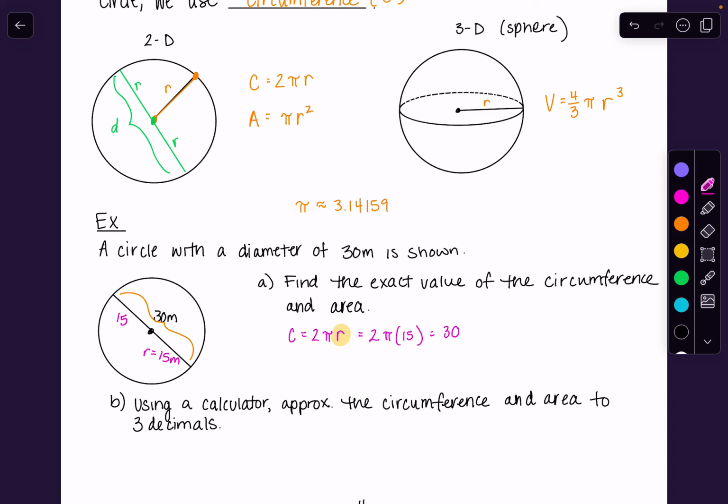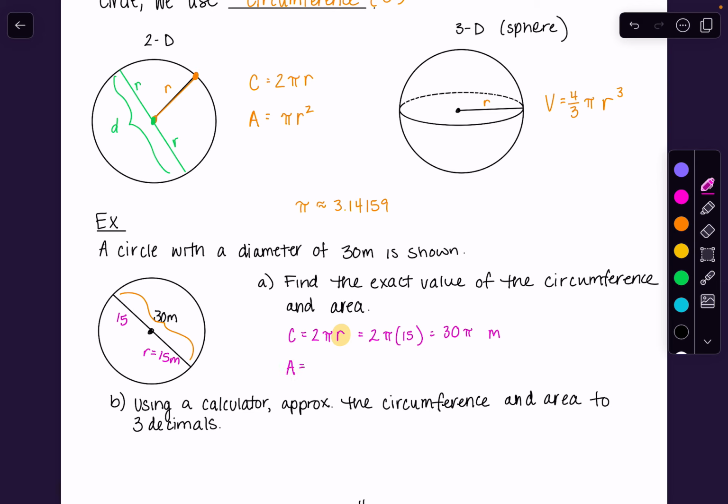The circumference exactly is 30 pi. Okay? You leave pi as is because you want the exact value. Pi you can do a decimal approximation for, but if you want the exact value, the pi just stays attached. And then the units, because this is like perimeter, is just meters.